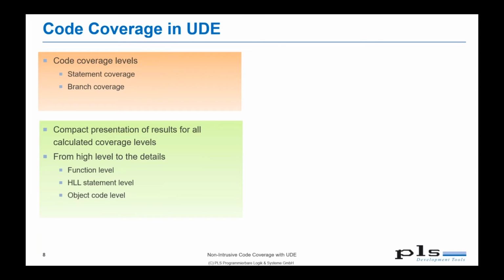Then you can look into the function and get the C level or C statement level coverage. And also, if you want to look deeper, you can get the object code level, or the code coverage for the object code or the machine code.